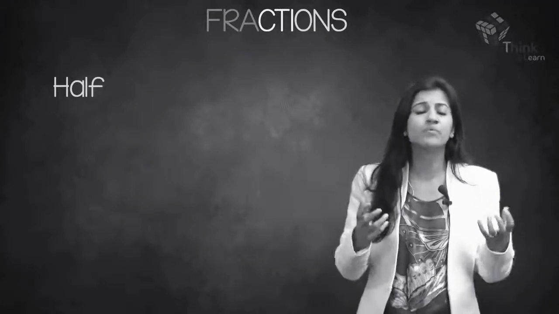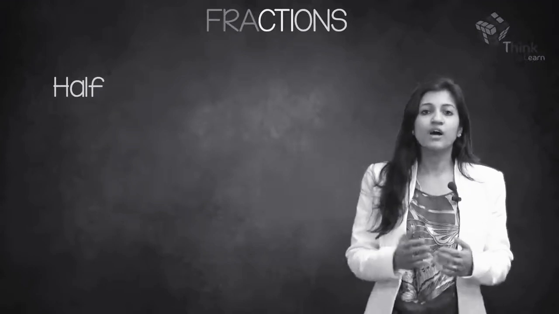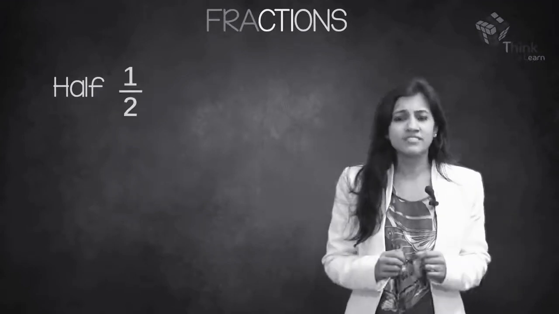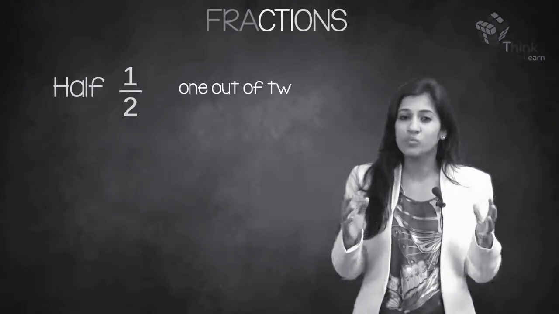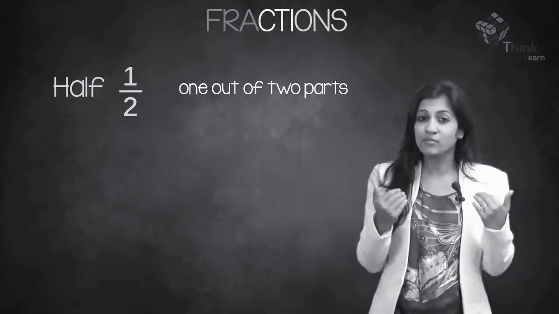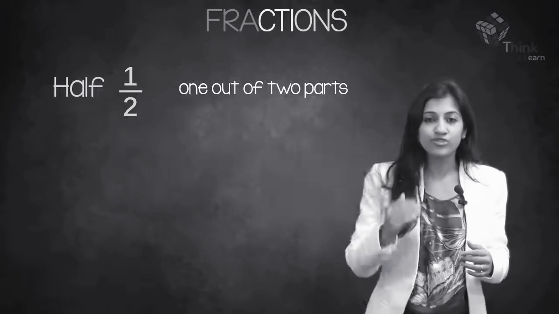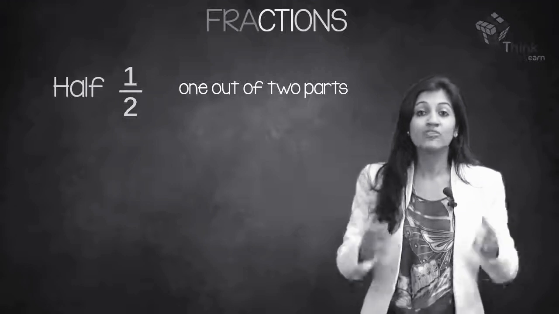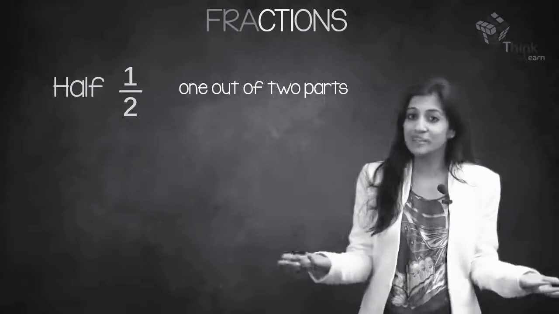Half, a very simple word which we keep using. I would show it like this, 1 by 2. And what this means is simple. It's 1 out of 2 parts. Meaning that if I have a pizza here, I give 1/2 to you and keep 1/2 to myself, I basically have 1 out of 2 parts of the pizza.